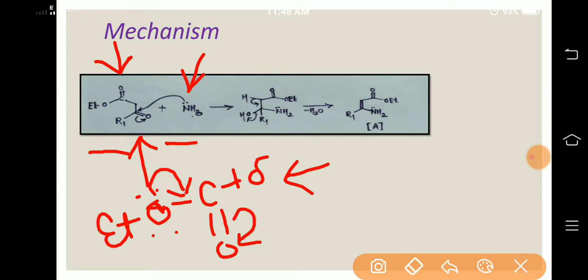Hence, this ester carbonyl carbon is less electron deficient as compared to this ketone carbonyl carbon, just because here is the absence of any heteroatom which having lone pair of electron, which will show alpha effect.